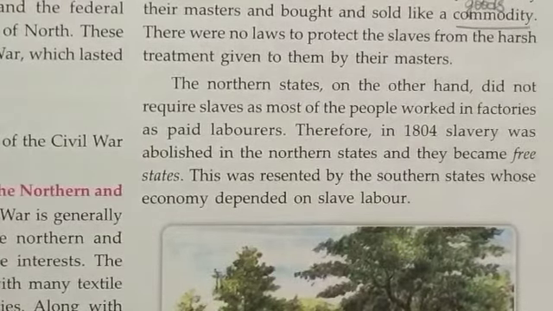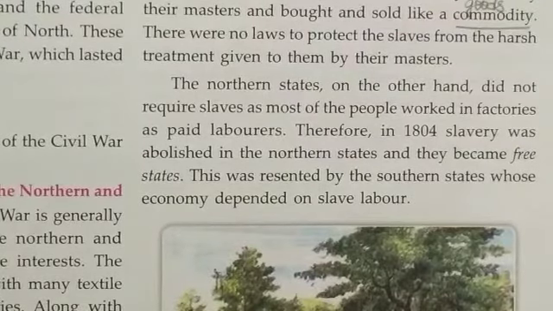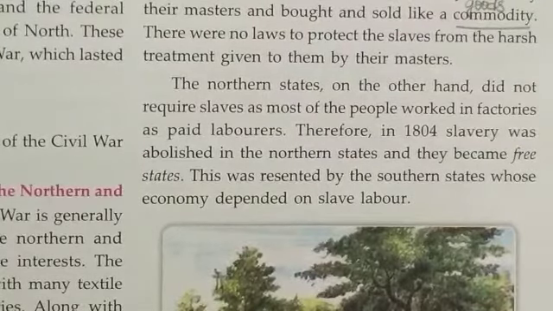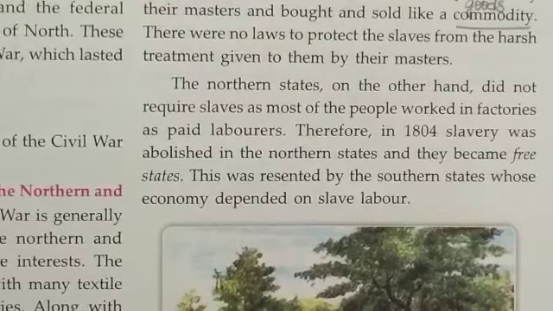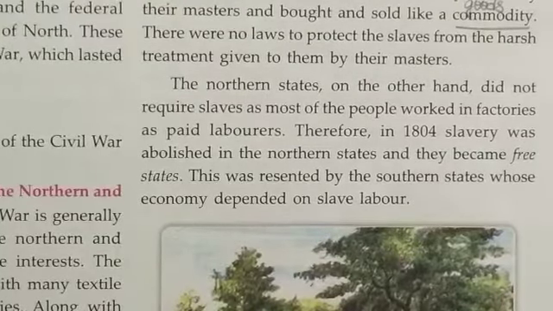In the industries, they did not require any slaves, because people worked in the factories as paid laborers. They were paid for their work.